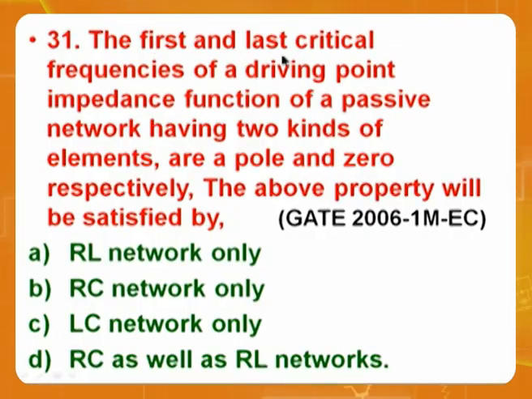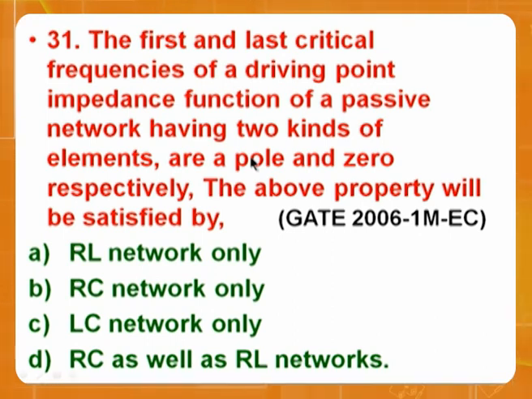Now 31. The first and the last critical frequencies of a driving point impedance function of a passive network having two kinds of elements are a pole and 0 respectively. The above property will be satisfied by. Oh, question is so big. Once again, the first and last critical frequency of a driving point function of a passive network having two kinds of elements are pole and 0.